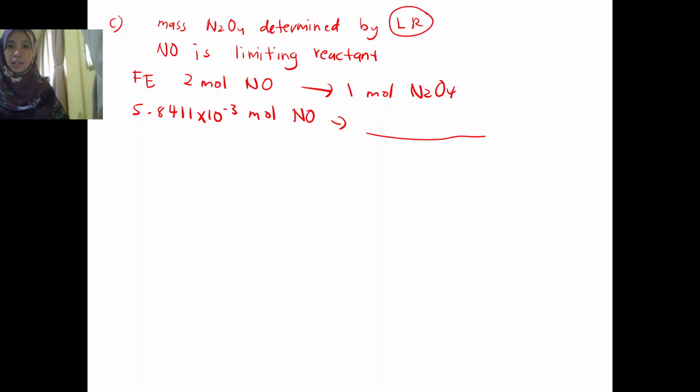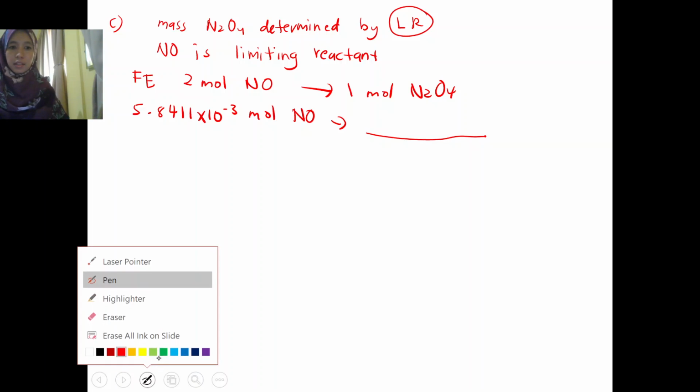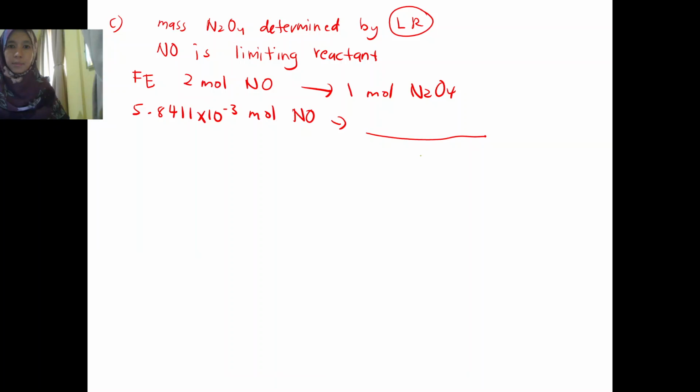Okay, so calculate how many mole of N2O4 we produce. Same goes here, we cross multiply. So this one times this one. Calculate for X. So we have X is 2.92055 exponent negative 3 mole of N2O4.